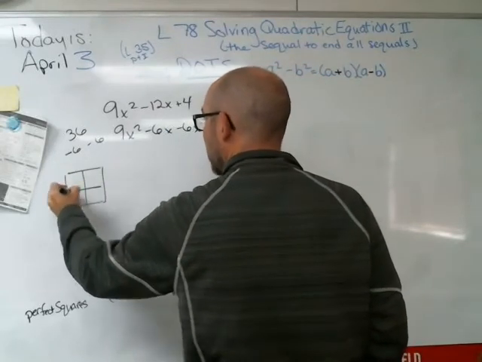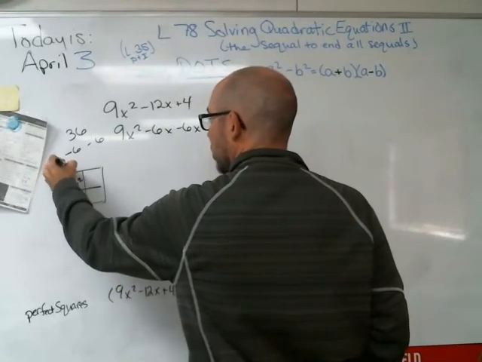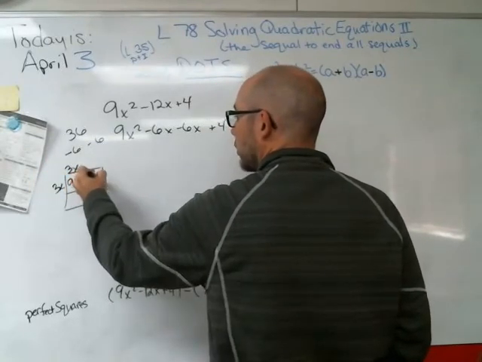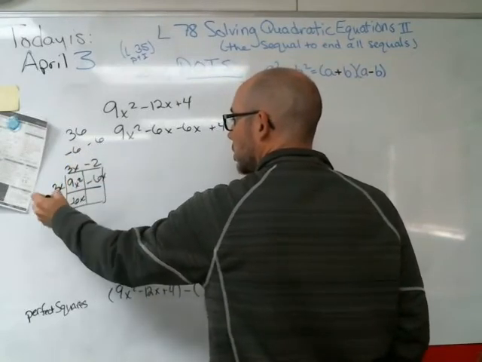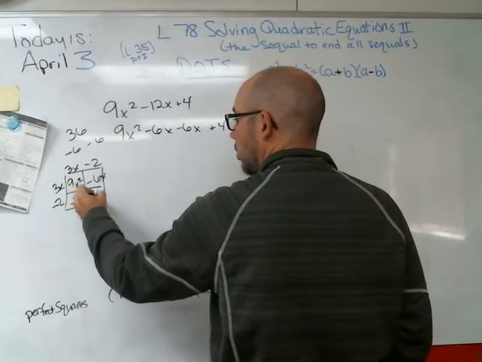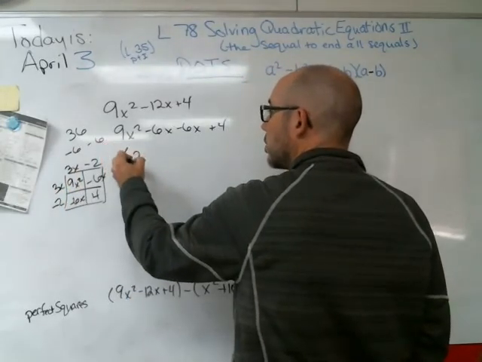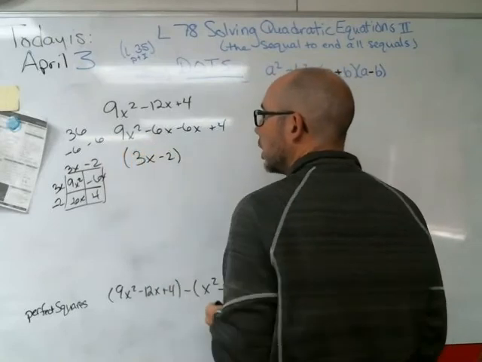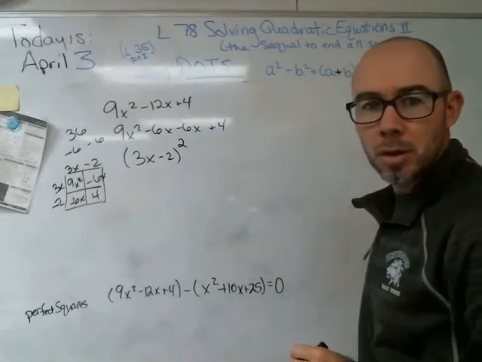What could I have done here? 9x squared came from 3x and 3x. And then we could have split up this into two equal parts, and that would mean that we'd have a minus 2. And then that's where our plus 4 came from. So this turns into 3x minus 2 times 3x minus 2, or 3x minus 2 squared.